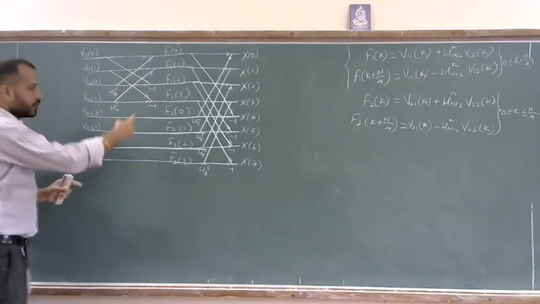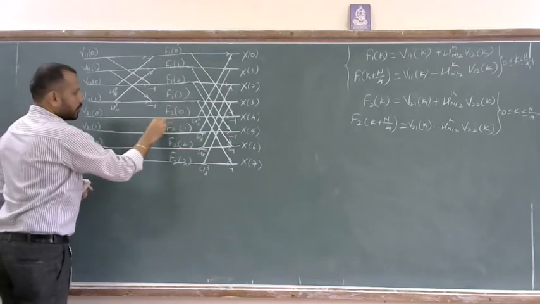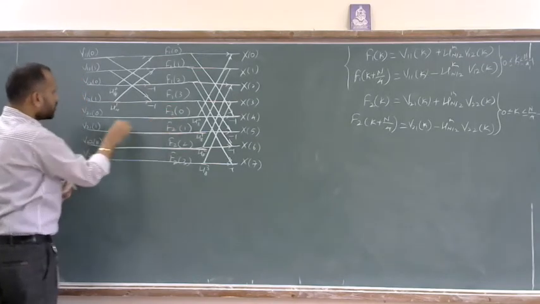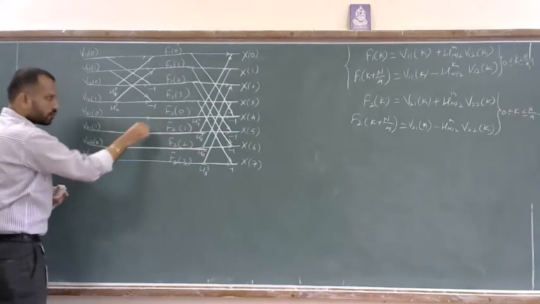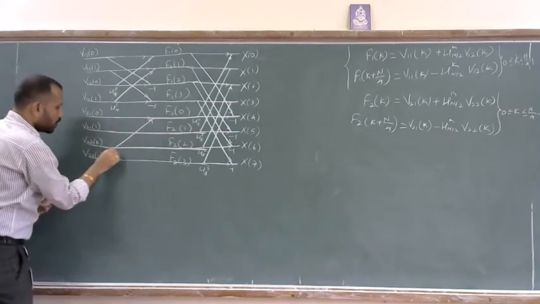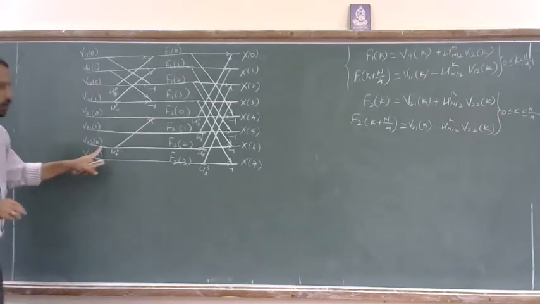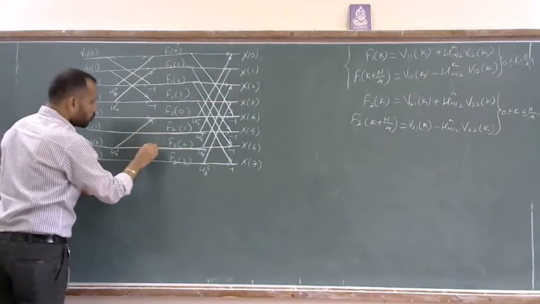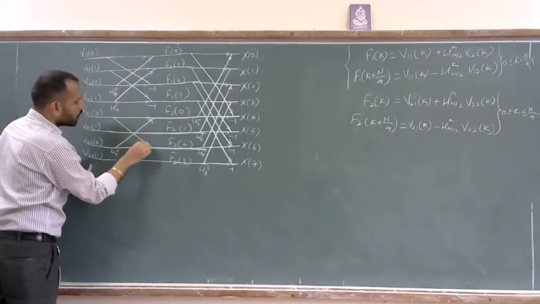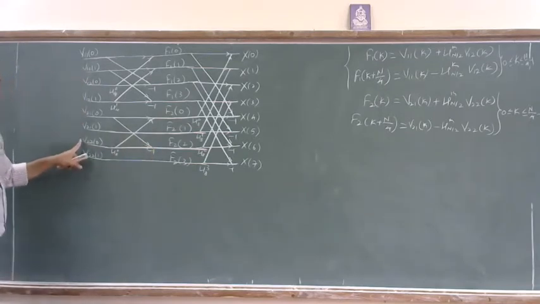And likewise, the second set of equations will give us the next 4-point DFT, f2 of k. f2 of 0 will be V21 of 0 plus W4 to the power 0 multiplied by V22 of 0. And f2 of 2 will be equal to V21 of 0 minus W4 to the power 0 multiplied by V22 of 0.